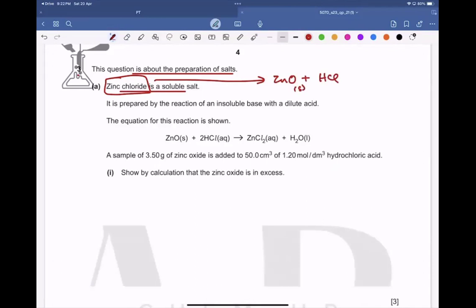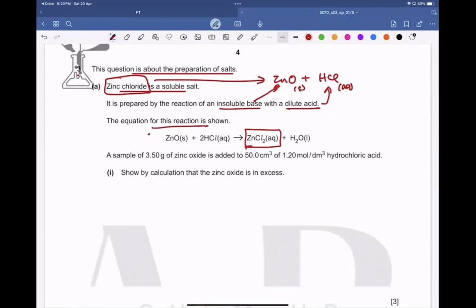And it's an insoluble solid and it's a solution. So that's what they have written, insoluble base. So this is an insoluble base and a dilute acid. Is this clear? By crystallization, we get the crystals which are soluble in water, but initially it is formed in the aqueous state. See the equation. We are getting zinc chloride aqueous.